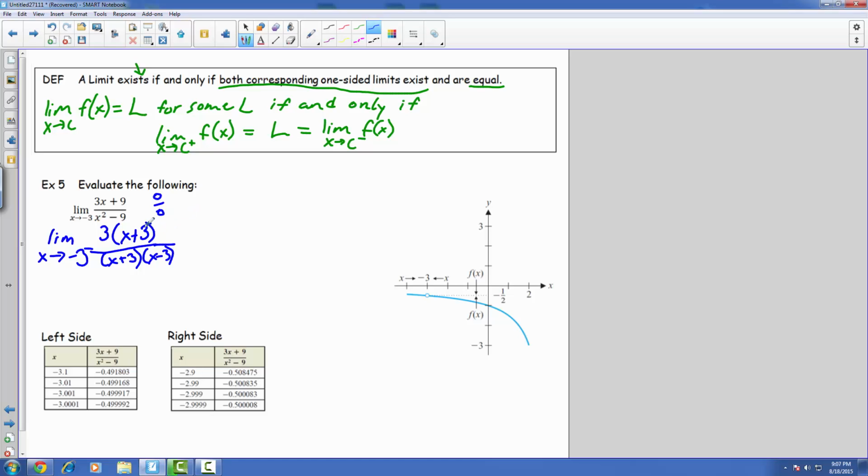And we can see that our x plus 3's end up dropping out. So then we're left with the limit as x approaches -3 from the left of 3 on top still over x minus 3 on the bottom. Well, going ahead now and plugging that value in, we end up with -1/2. So that's all great. We took care of the left-sided limit.